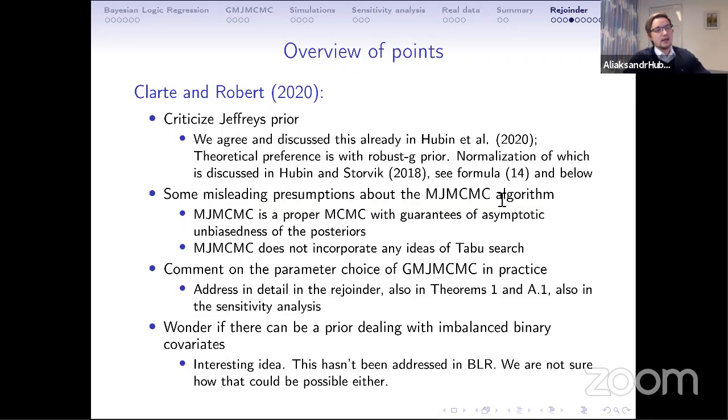This hasn't been addressed in the previous versions of priors for Bayesian logic regression, and this hasn't been addressed in our priors, though we are not really sure how easy it could be for complex logical interactions to account for imbalanced covariates. So we leave this for further research.